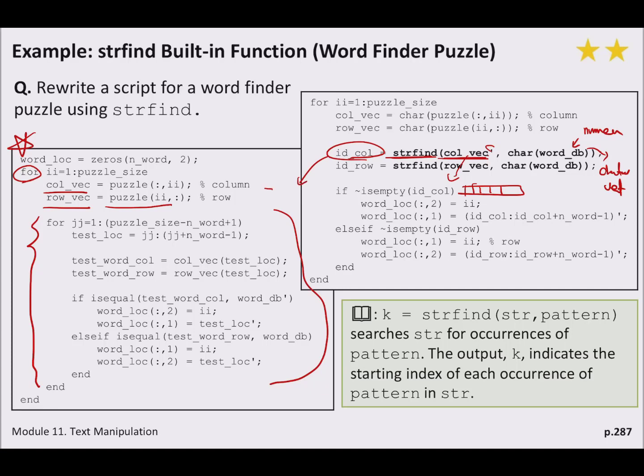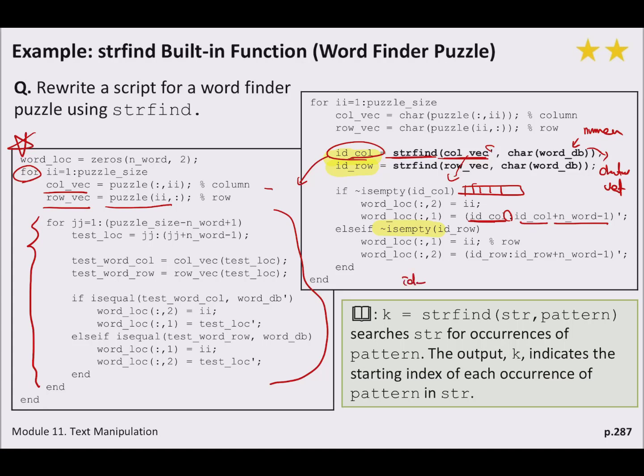So if you put this one, it gives us the location of the first character. That's why the location is id column, colon, and then id is the number of the character. Okay, so here we need to use this isempty built-in function because if there's no word, nothing is assigned to this variable.